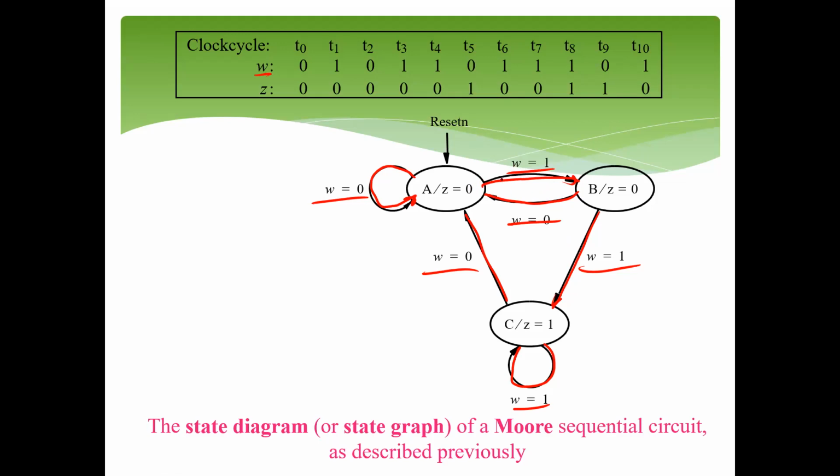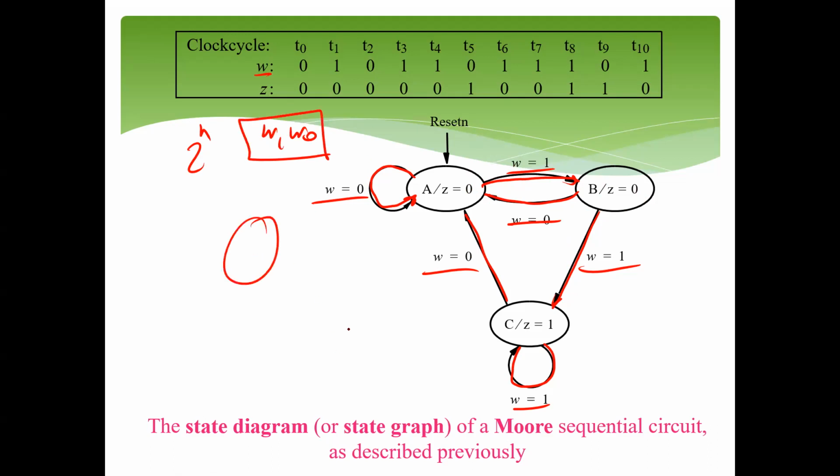Because going into the state, this differs, it could be 3 arrows, 4 arrows. But if you want going out of this state you should have 2 to the power of the number of inputs. Let's say for example you have two inputs. Let's say I have W1 and W0, two inputs of a sequential circuit.